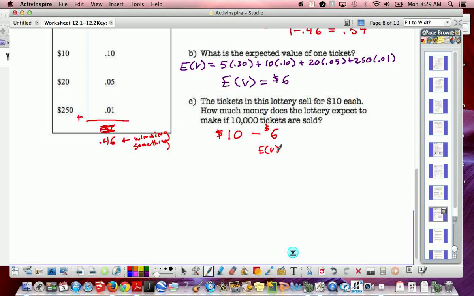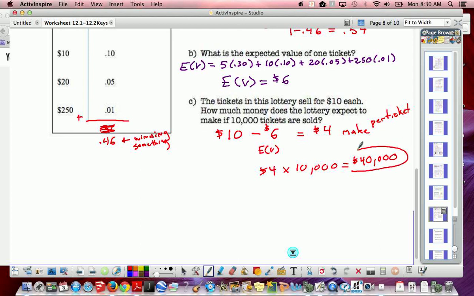So I expect to make $4 per ticket. If I'm making $4 a ticket times my 10,000 tickets, I would expect to make $40,000 on this particular lottery.